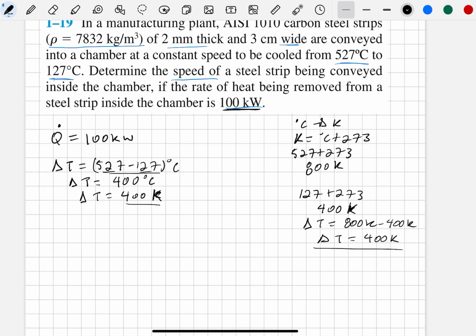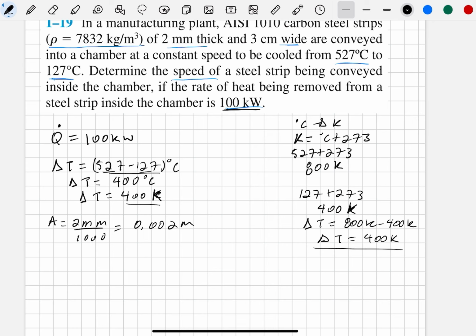Another thing that we have to do is find the area. One dimension is 2 millimeters, but I need it in meters. Milli is 1,000, so to change it to meters I divide by 1000, which gives me 0.002 meters.